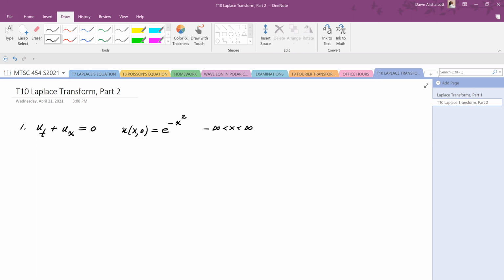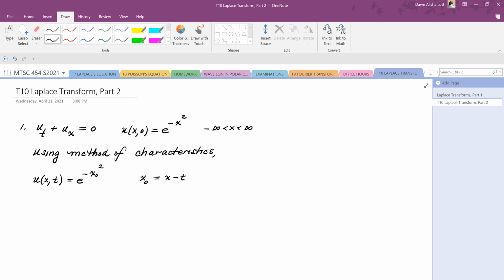All right, so now if we were to solve this using the method of characteristics, we know that our solution is going to be u(x, t) = e^(-x₀²), and we said that x₀ was the characteristic x - t.